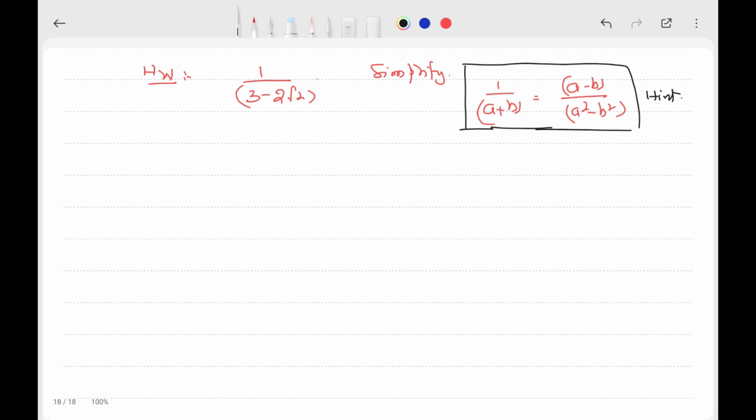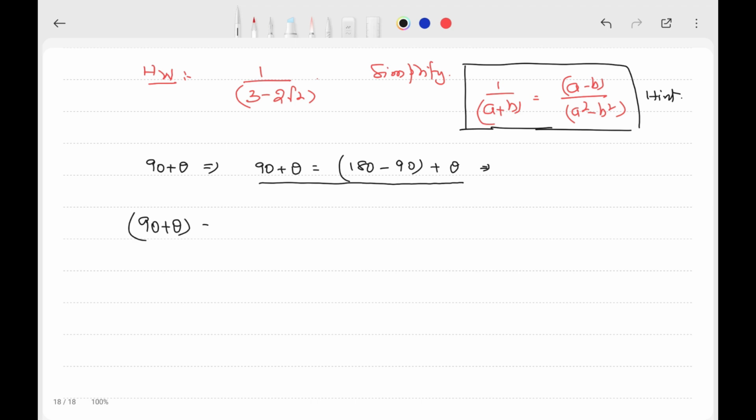If something is 90 plus theta, I will give the hint. 90 plus theta implies 180 minus 90 plus theta. Can we write like this? Yes. Which implies 90 plus theta is equal to 180 minus 90 minus theta.